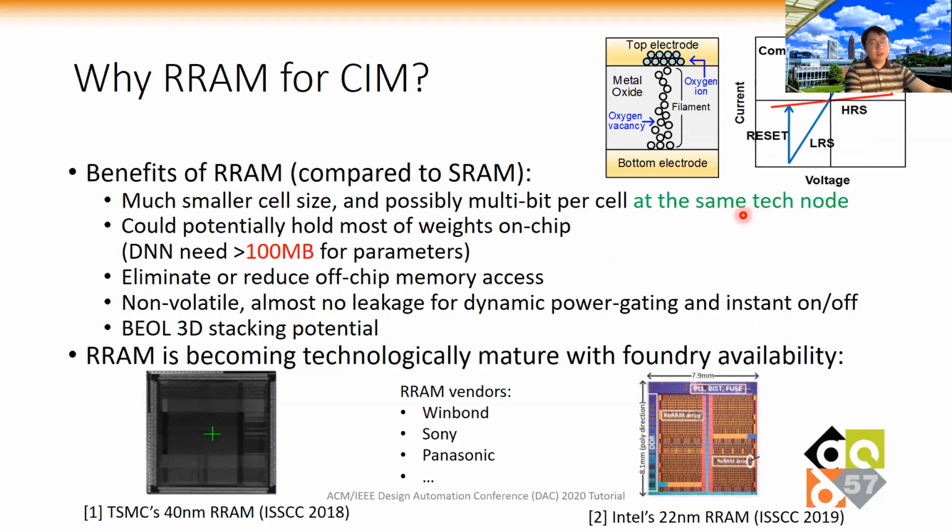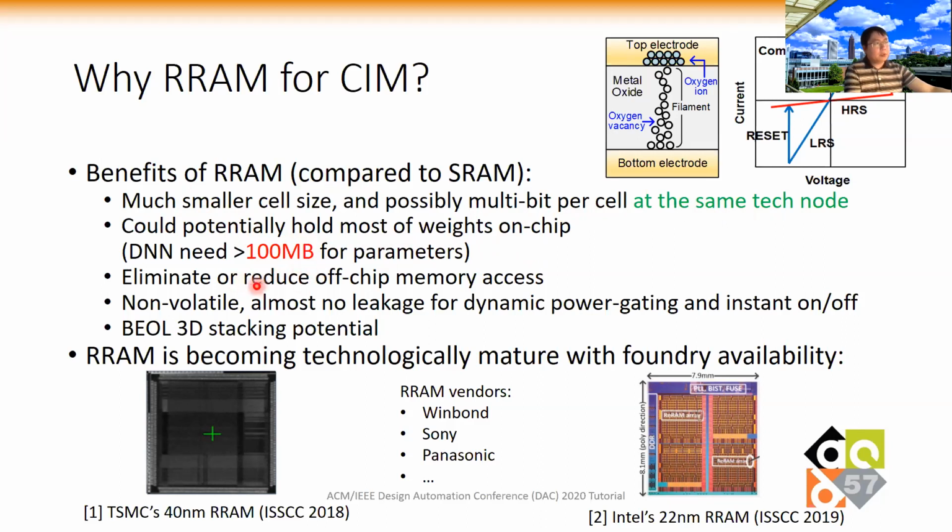This is because SRAM has been scaled down to 5nm, but RRAM is still at 22 or 28nm. So you cannot compare different technologies at different technology nodes. And RRAM can potentially host most of the weights on chip if we can, for example, have larger than 100 megabytes embedded RRAM.